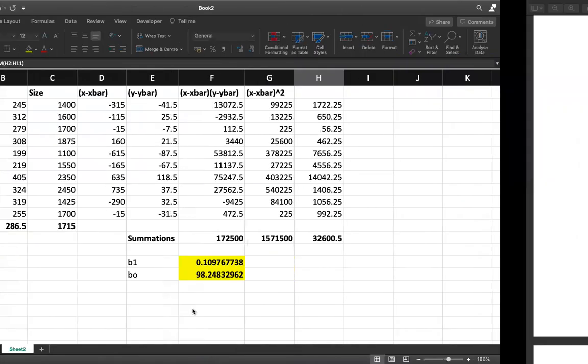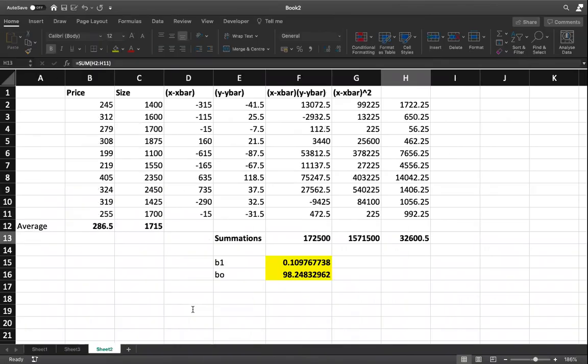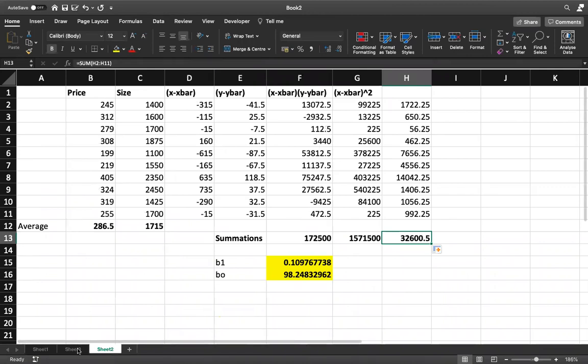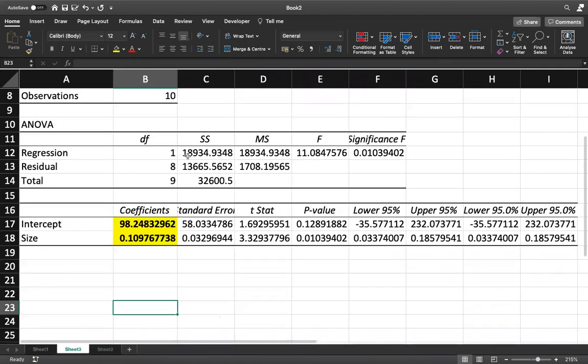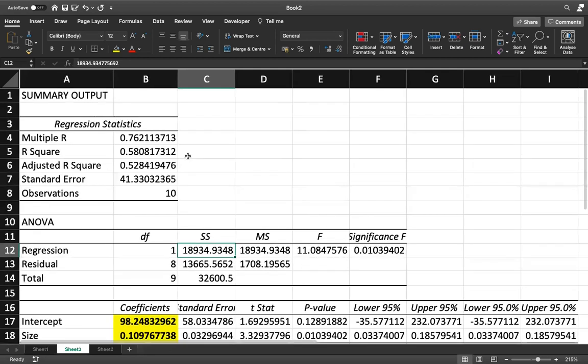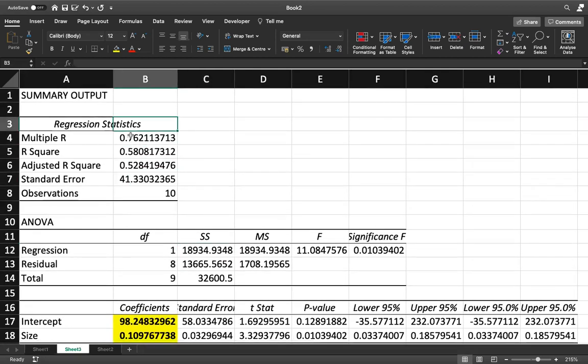Now, if you look at the Excel generated outputs, you see that there are some summaries here. We have the correlation coefficient here. Let me correct them to two decimal places. The R squared is what we have here, 0.58.